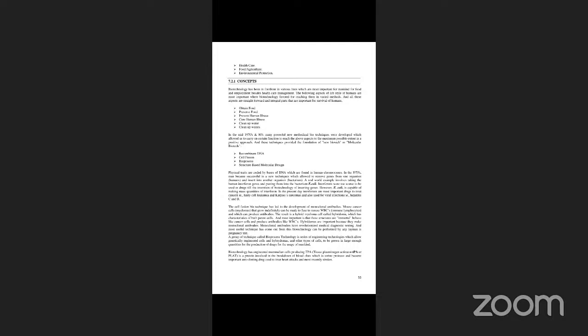Okay. Like that, we use biotechnology to increase the nutritive value of food and to preserve food, then to prevent human illnesses. So various vaccines or insulin.